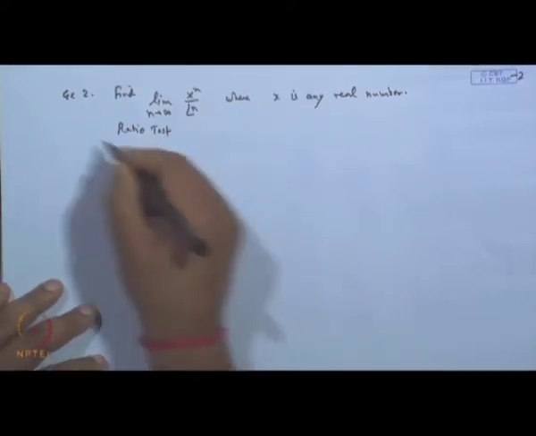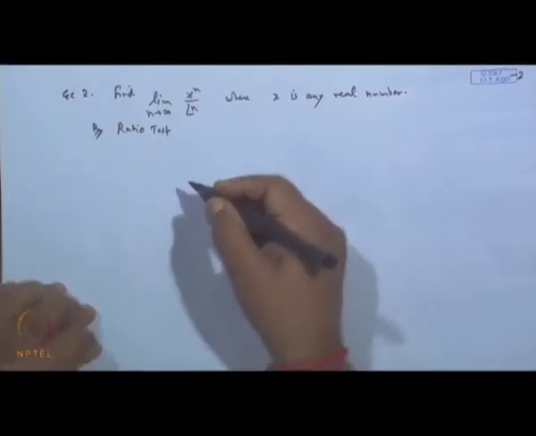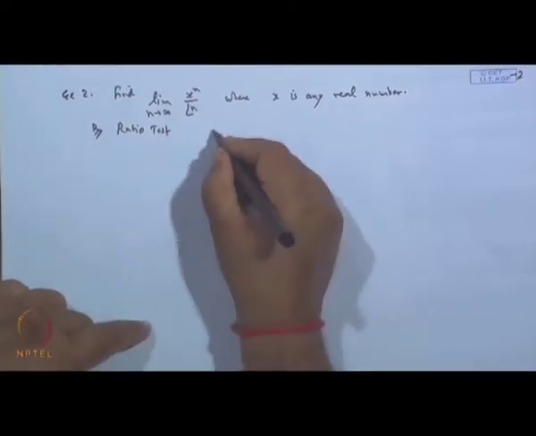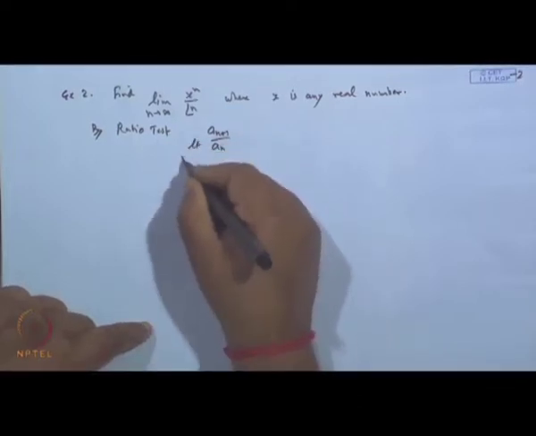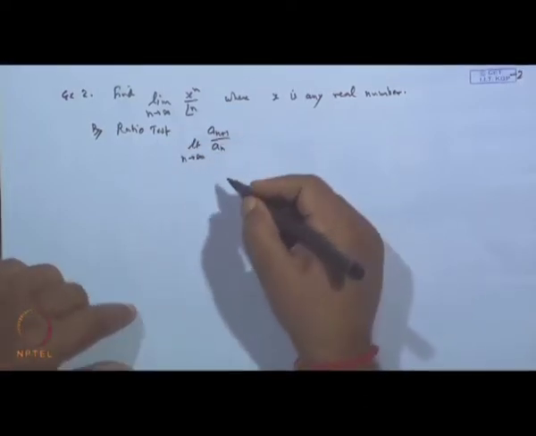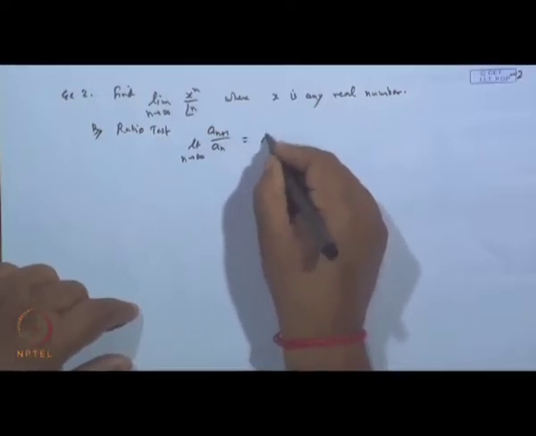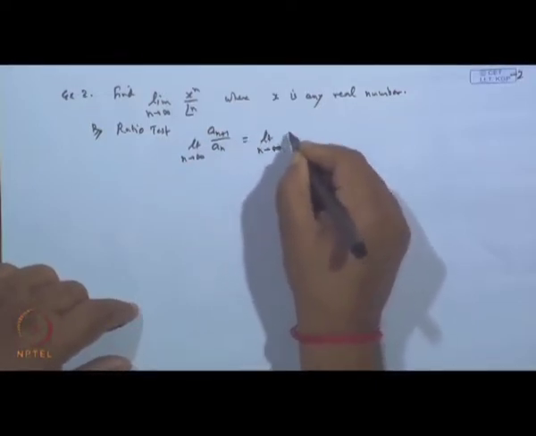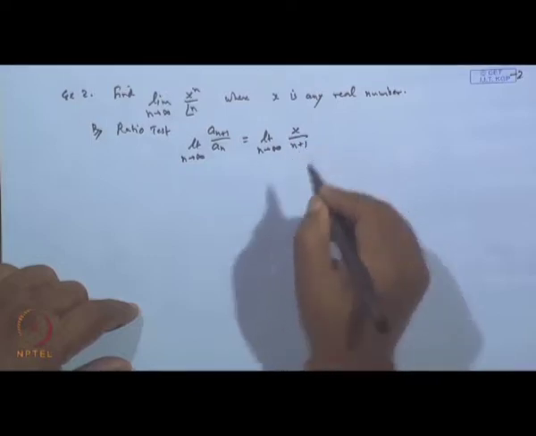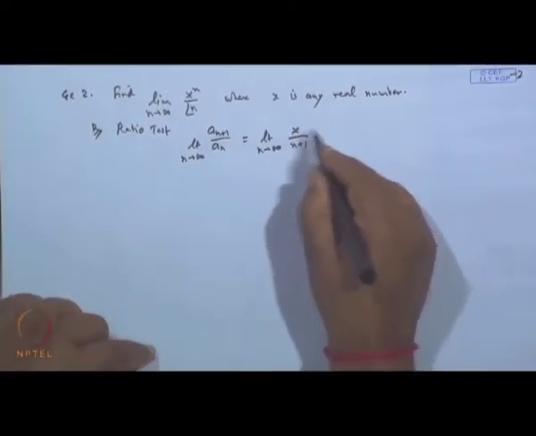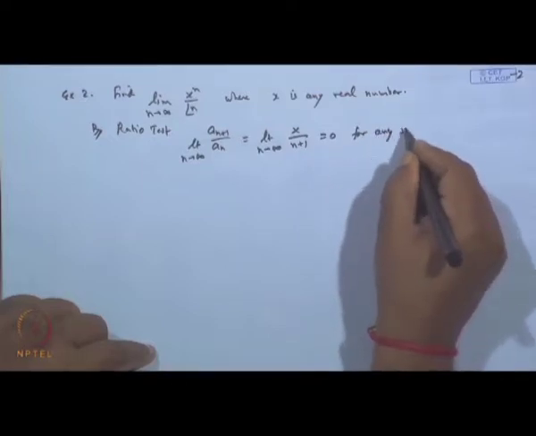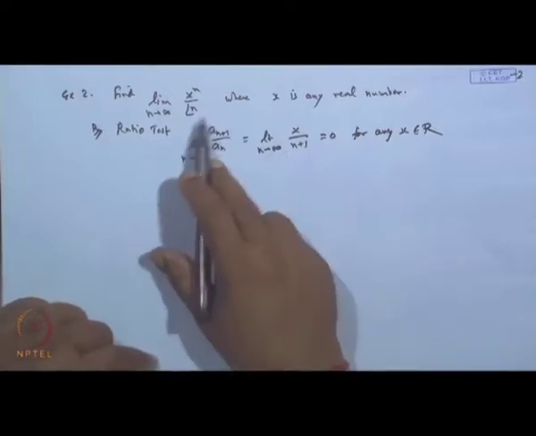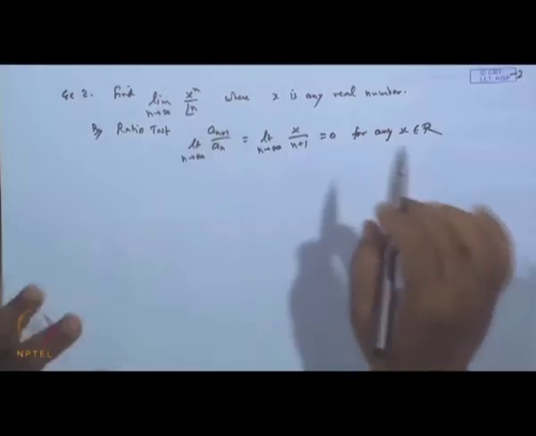What happens to a n plus 1 over a n as n tends to infinity? It comes out to be the limit of x over n plus 1. So, whatever x may be, this limit will go to 0 for any real x. It means this limit will always be 0 for all x.